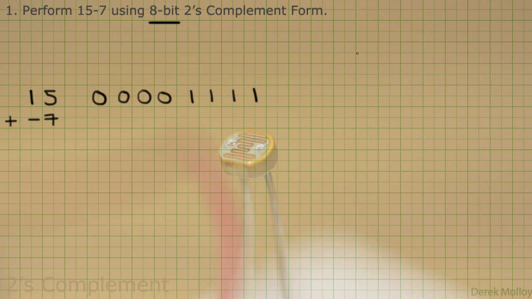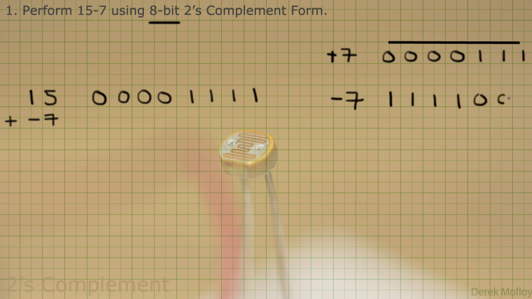So now we need to get minus 7. And minus 7 in 2's complement, because we're now saying, in this case here, we've 7 bits for the magnitude. So we have 1, 2, 3, 4, 1, 1, 1. So that's going to be positive 7 in 7 bits. So now to get minus 7, we have to get the complement of this. So we get the 1's complement, we invert all the bits: 1, 1, 1, 1, 0, 0, 0.